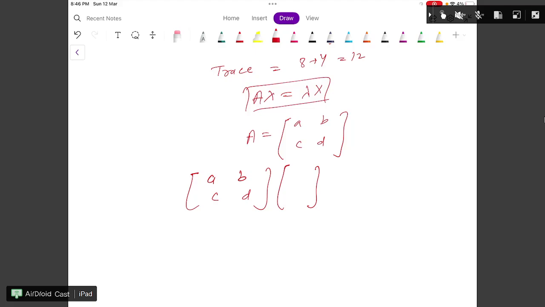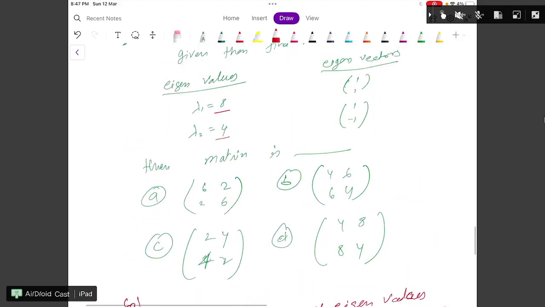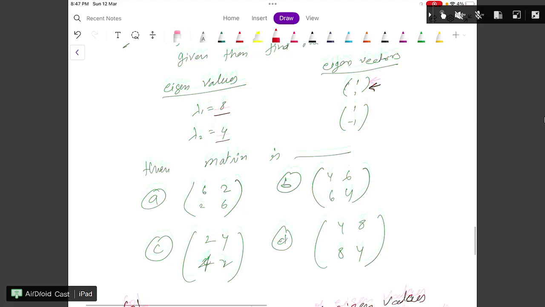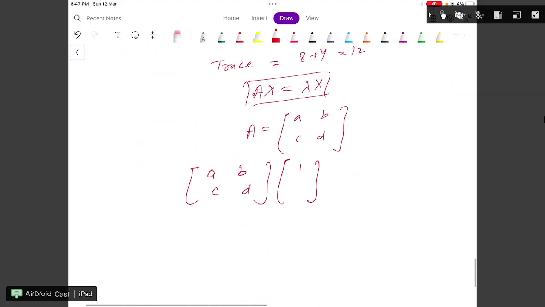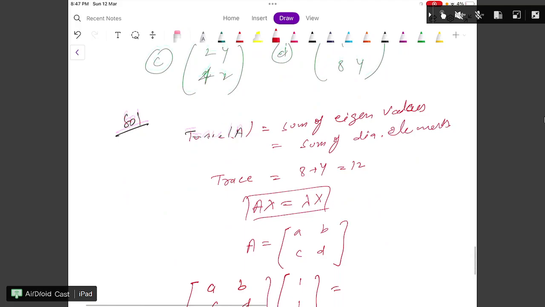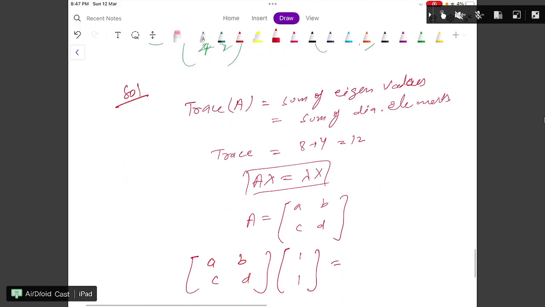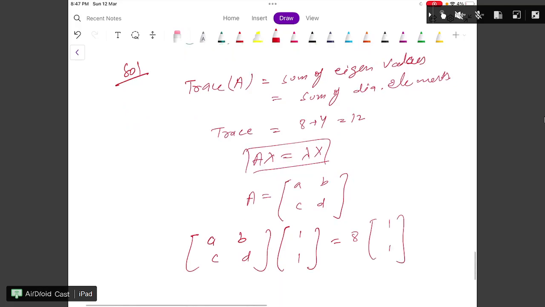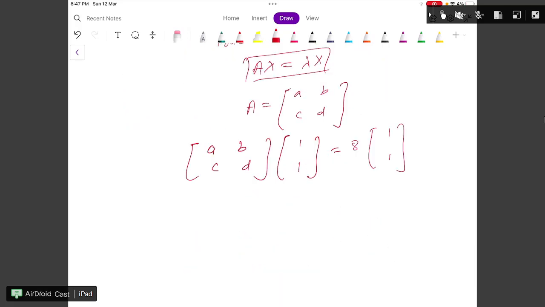I am considering this given vector 1 1, and for this vector the lambda value is 8. So just substitute 8, and x is again 1 1. Just solve this and you will get one equation.